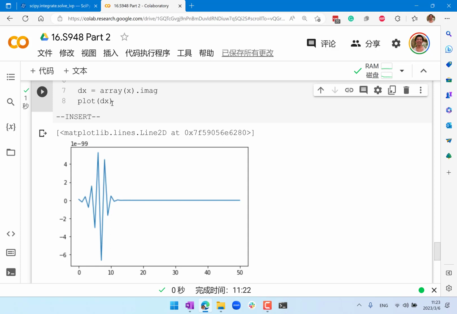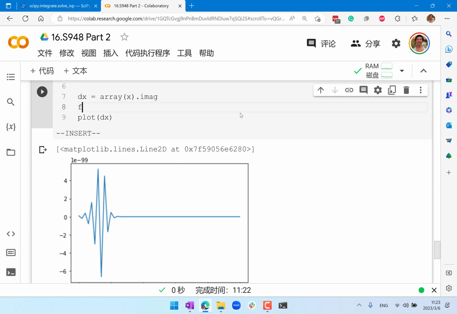Okay, so now instead of plotting the magnitude, what's the best way to visualize an exponential growth or exponential decay? Let's plot it in log scale. So let's say fig x is equal to subplots.